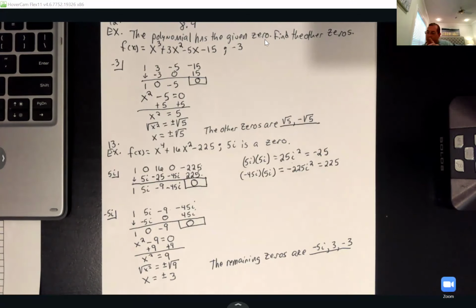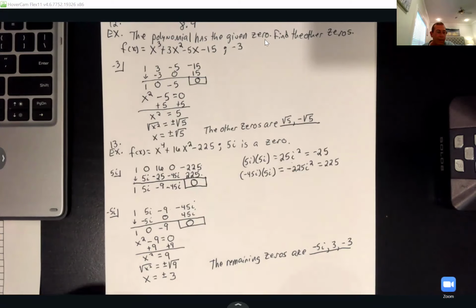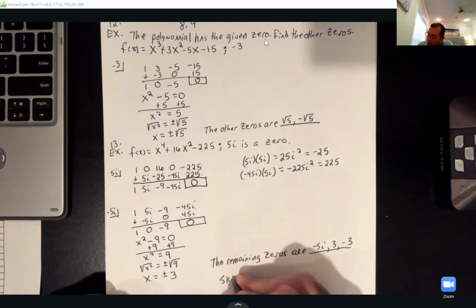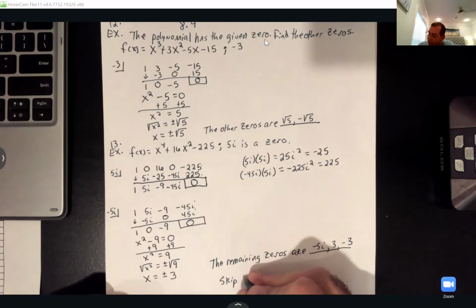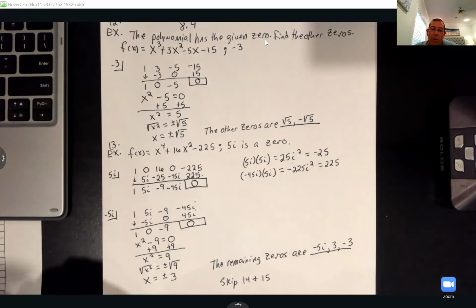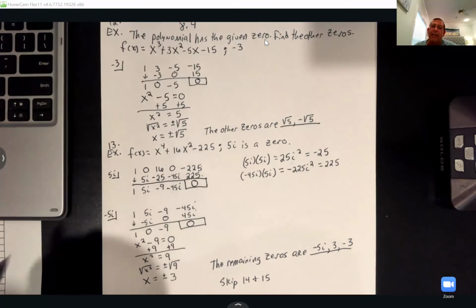All righty. So on your homework, if you haven't done your homework yet, I'm going to skip 14 and 15. So skip 14 and 15, because I'll go through the homework later, and I'm going to give everybody credit on those.